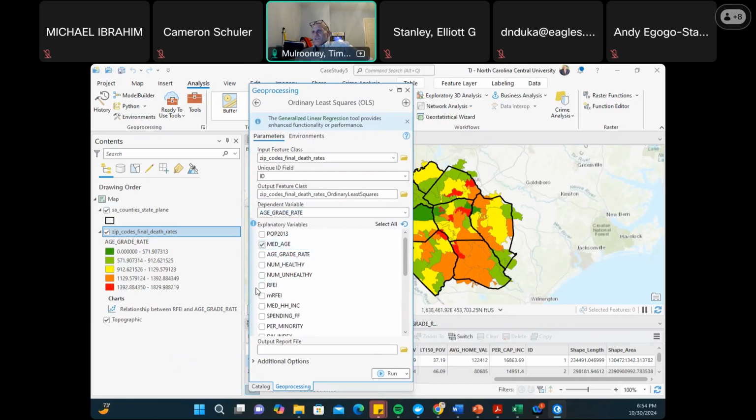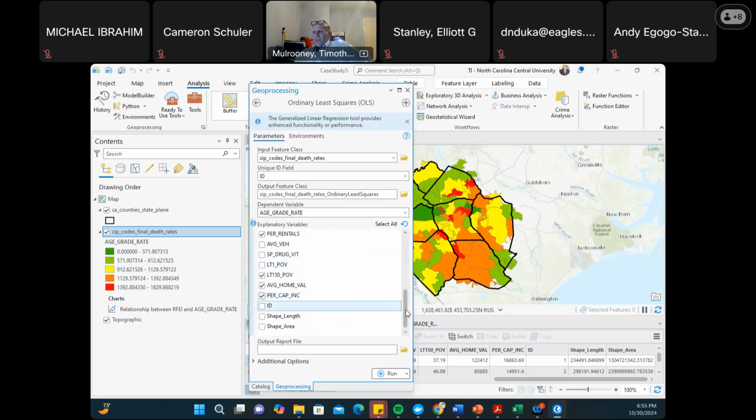So we got median age. Let's look at median household income. Spending on fast food, spending on fruits and vegetables. Percent rentals. We'll say poverty rates. We'll just pick a couple of these things right here.